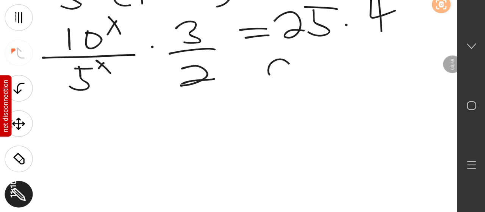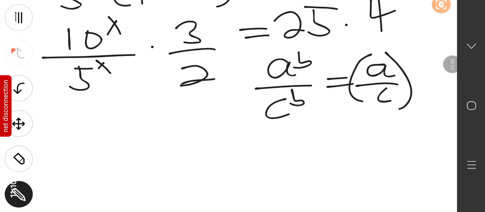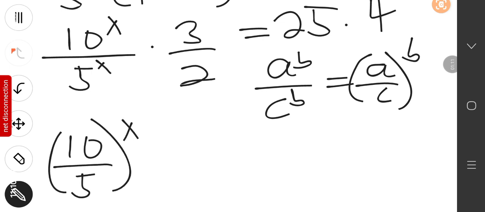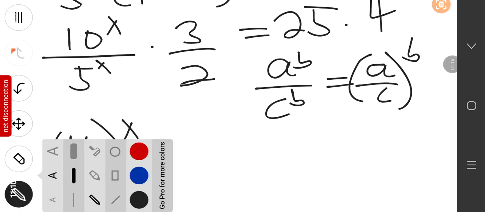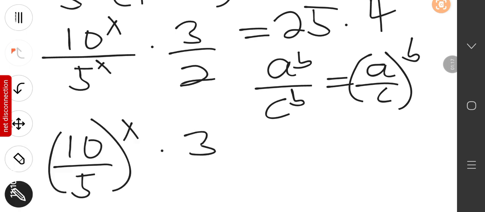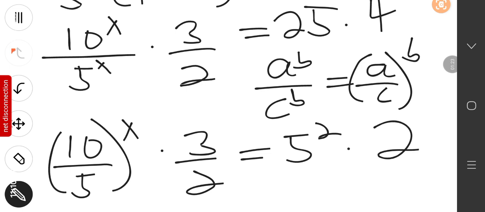If you have a exponent b over c exponent b, this is the same as a over c exponent b. So we're going to have 10 over 5 exponent x, times 3 over 2 equals, now 25 is the same as 5 squared, 4 is the same as 2 squared.